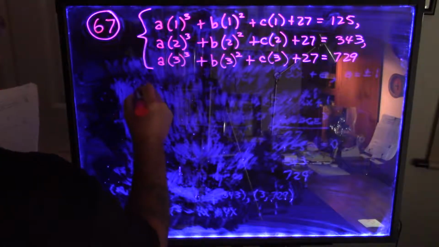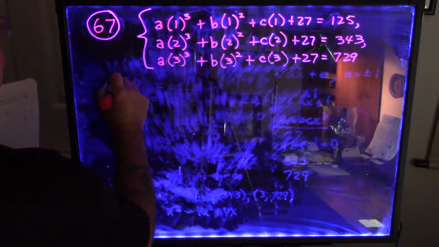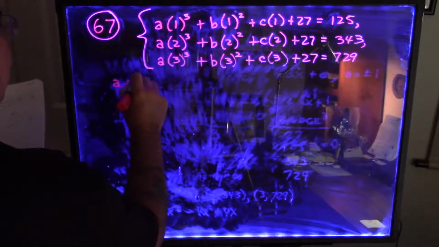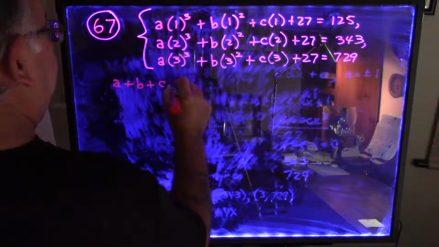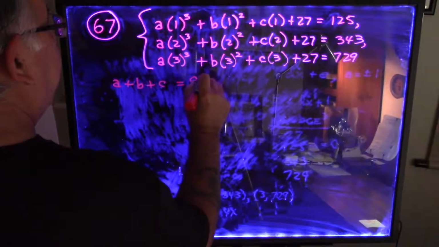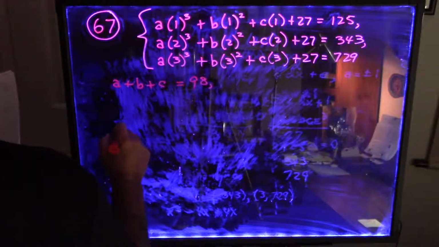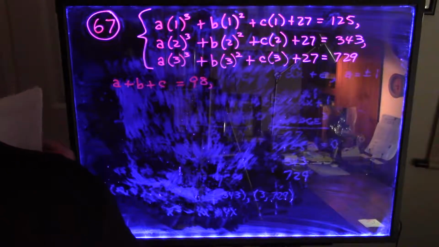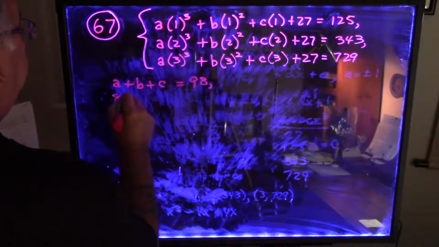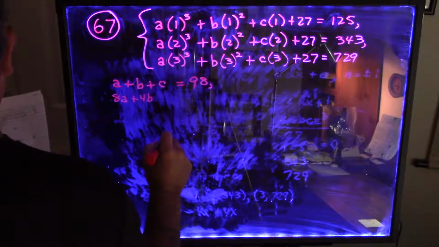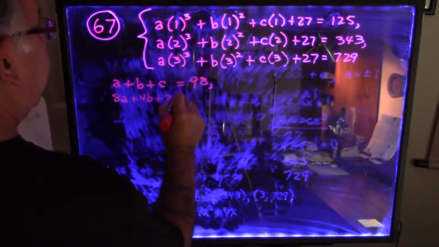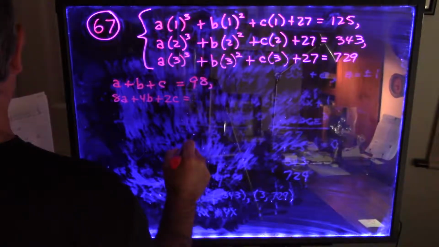The first one becomes a plus b plus c equals 98. The second one is 8a plus 4b plus 2c equals 316.